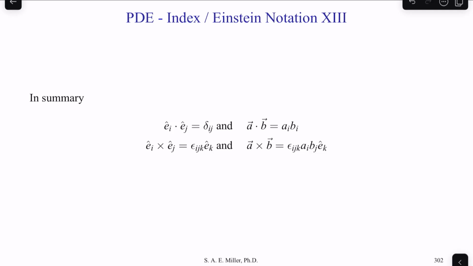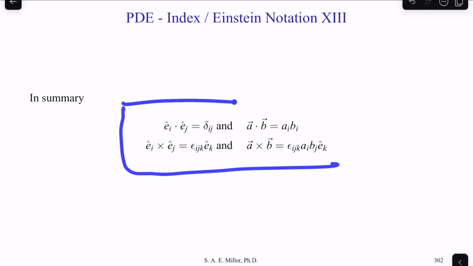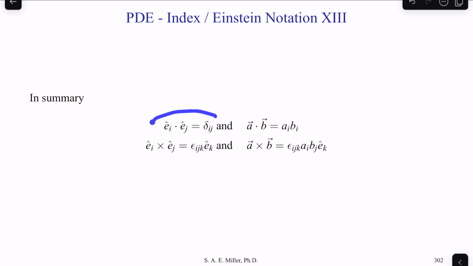This is going to be important to remember in the future, but the summary of the most important operations that we've seen are right here. The dot product of two unit or basis vectors will go as delta ij. The cross product of two basis or unit vectors, i and j, will go as the permutation tensor times e hat k, the third index, which is not here, which we described.